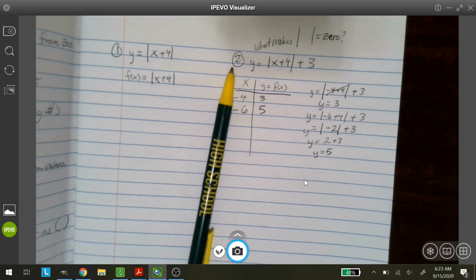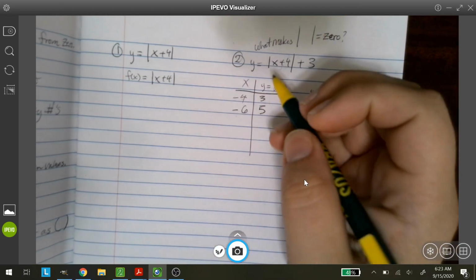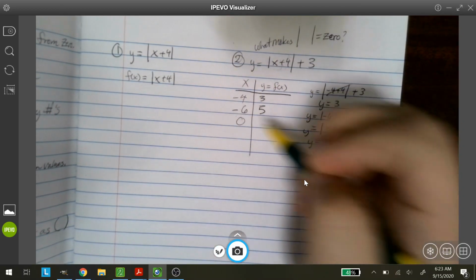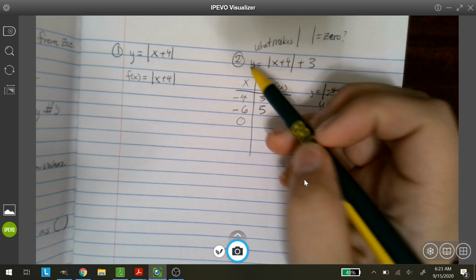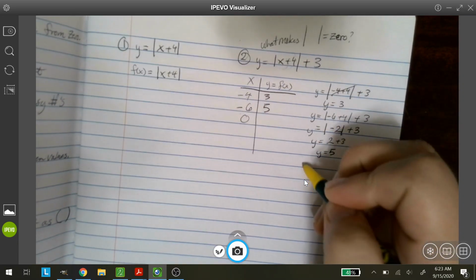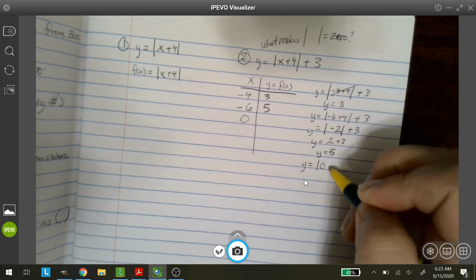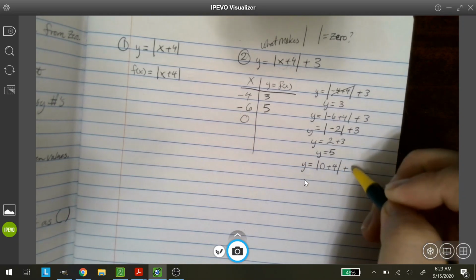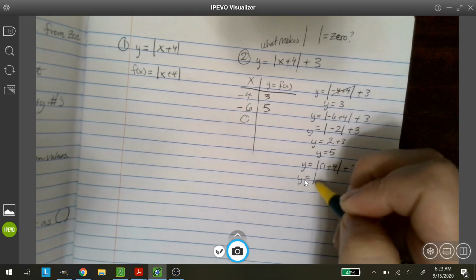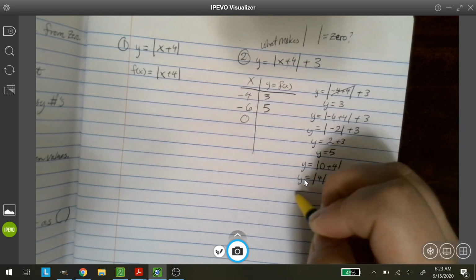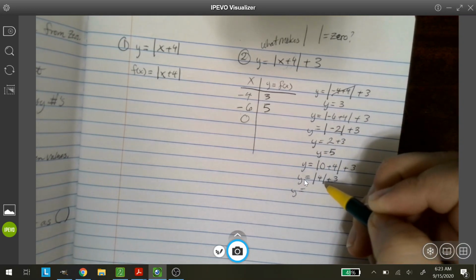So we're going to pick something bigger than -4. I'm going to pick 0 because I like 0, and I'm going to see what comes out. Y equals 0 plus 4 plus 3. Y equals absolute value of 4 plus 3. Absolute value of 4 is just 4.